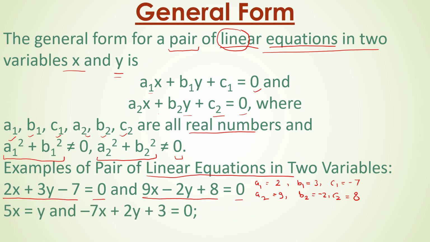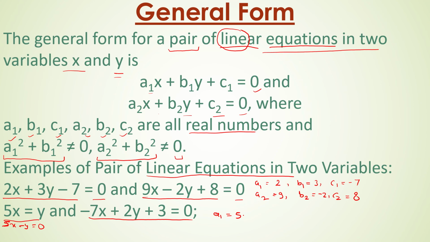Let us see one more example, that is 5x equals to y. So writing it into the standard form, we get 5x minus y equals to 0. And the second equation is minus 7x plus 2y plus 3 equals to 0, which is already in a standard form.